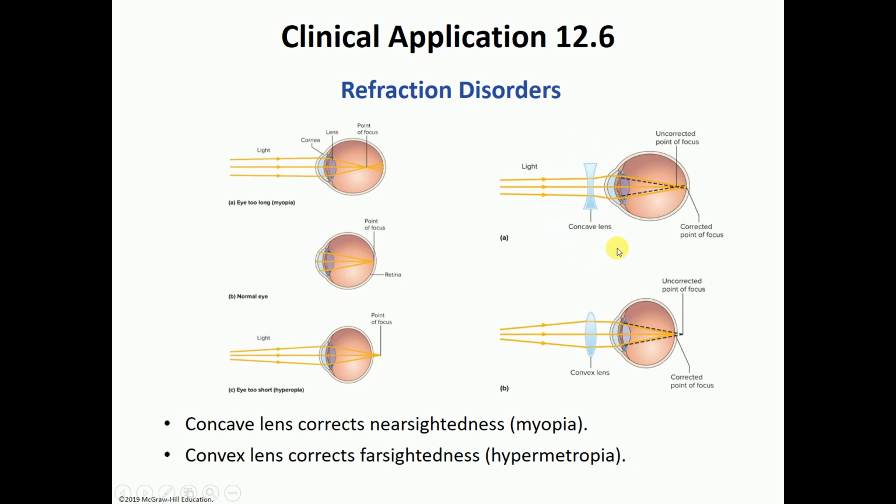So they will use concave lenses for correction. While patients with hyperopia will get a convex lens, so that now instead of focusing the rays at a point behind the fovea, they're pulled so that the point of focus is actually on the fovea.